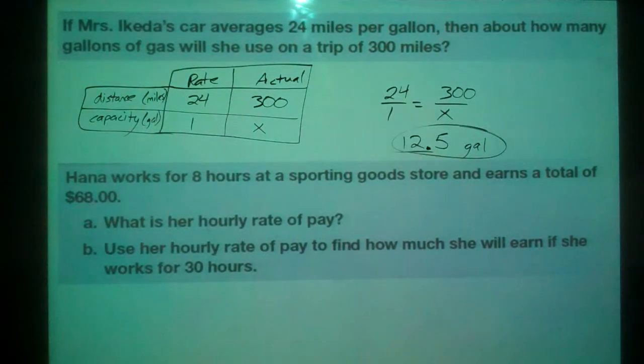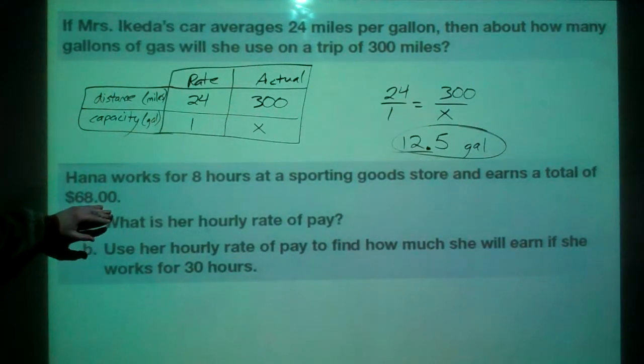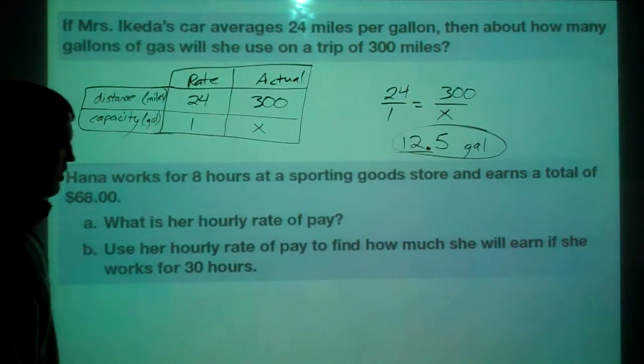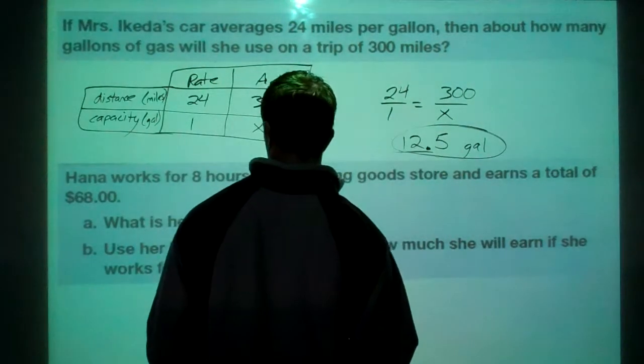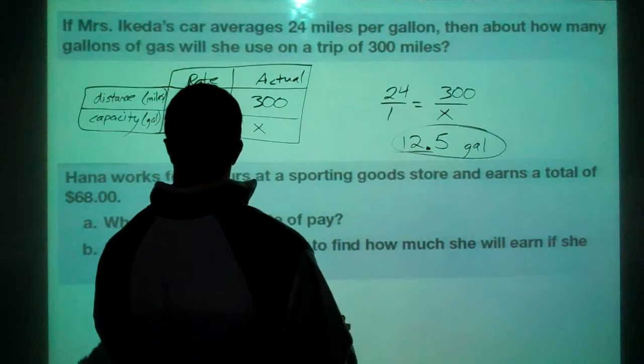Hannah works 8 hours at a sporting goods store and earns a total of $68 for that 8 hours. So, what is her hourly rate of pay? Well, we want to figure out what her pay per hour is, basically. So, essentially, we're going to be doing 68 divided by 8. How does that work in our table?